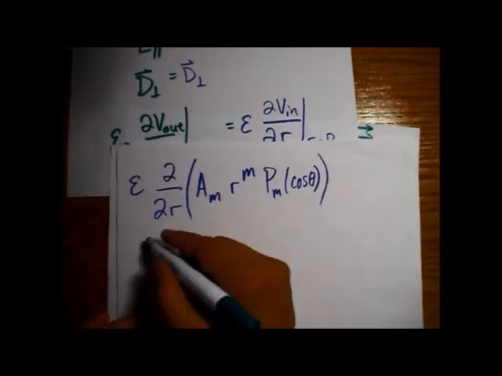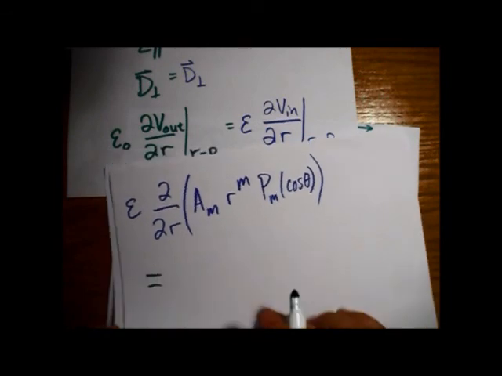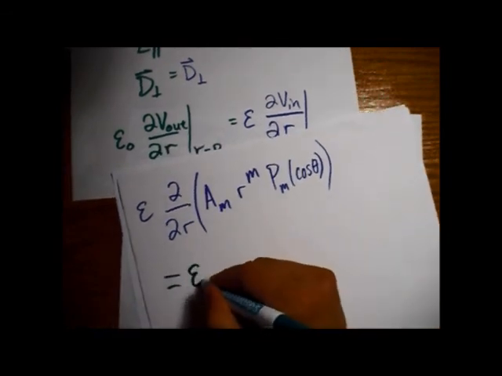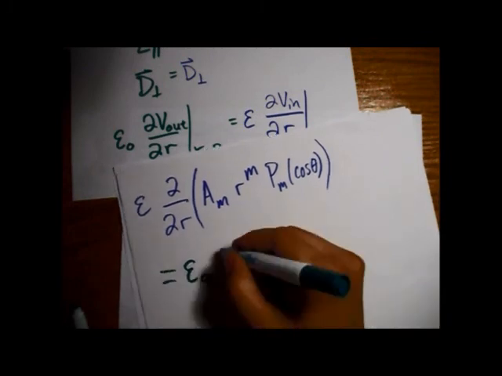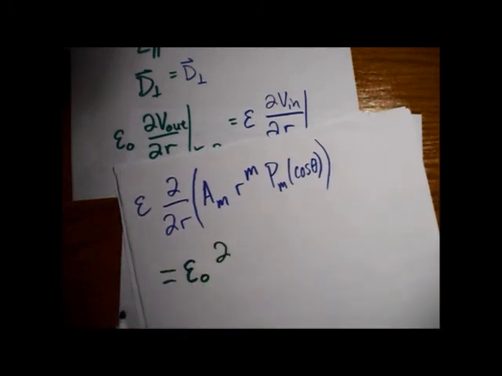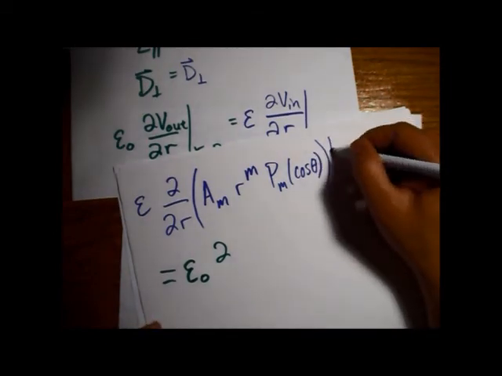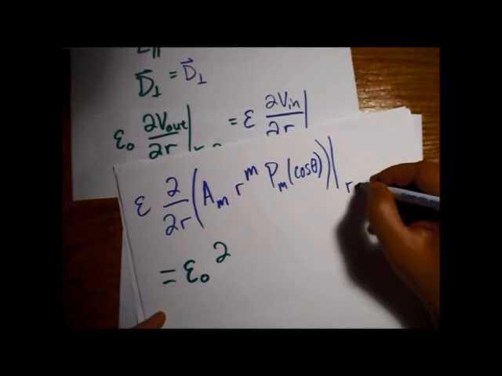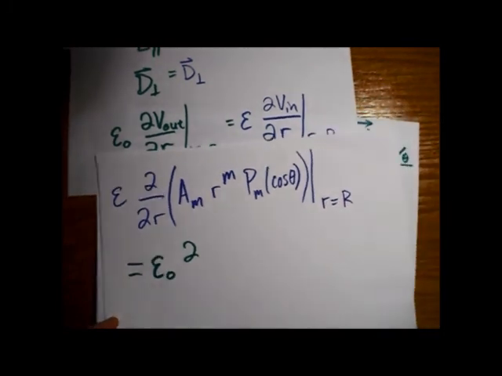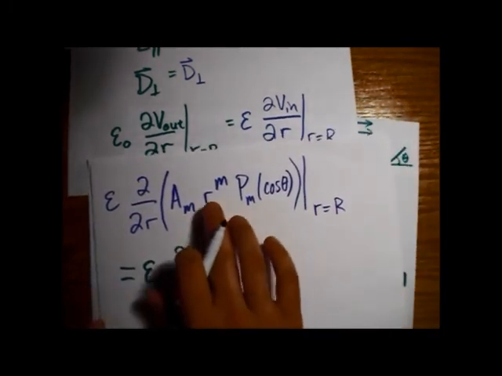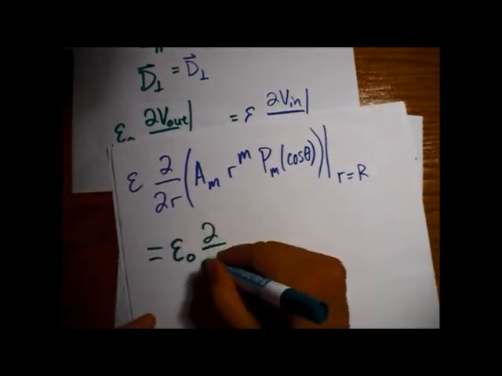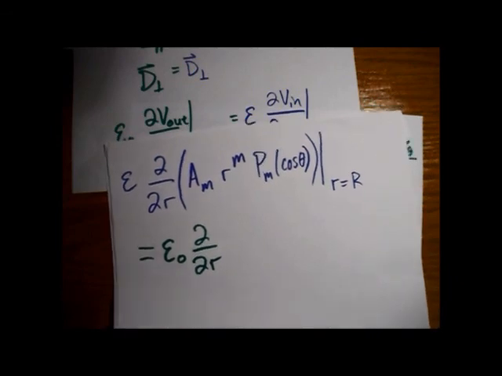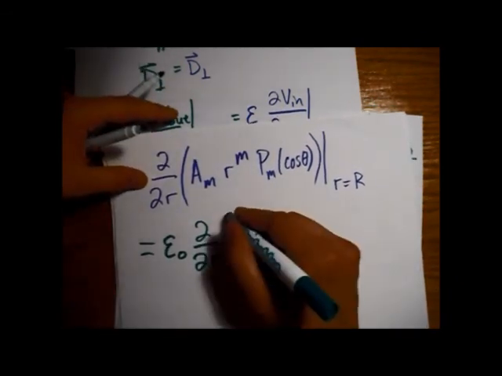And that is going to be equal to the same thing except for the outside. So now we have permittivity of free space since it's a vacuum out there. Oh, and I have to be careful and say that this is evaluated at little r equals big R. I won't put that in until we take this derivative, though. Okay, so now we are going to do the same thing for the outside.